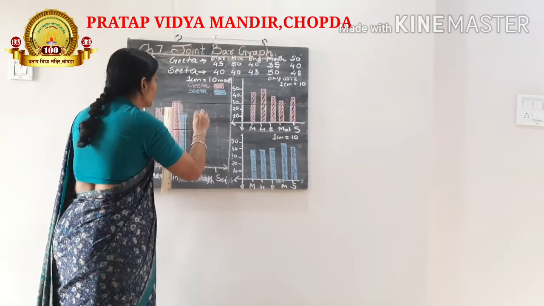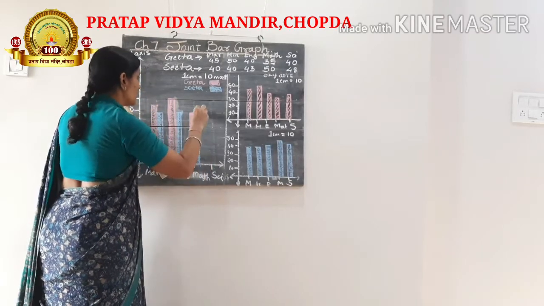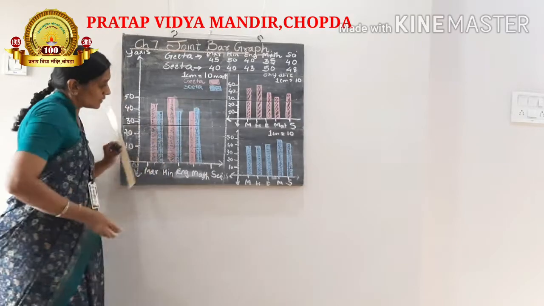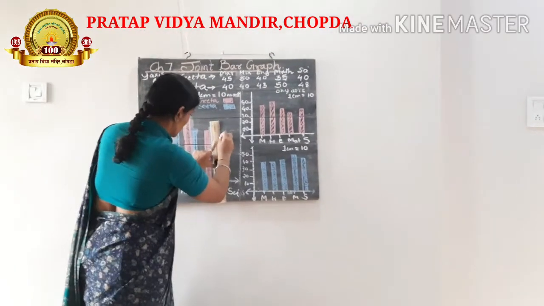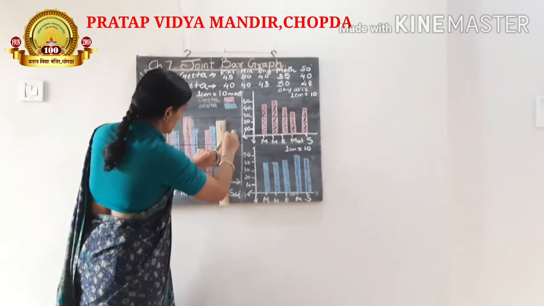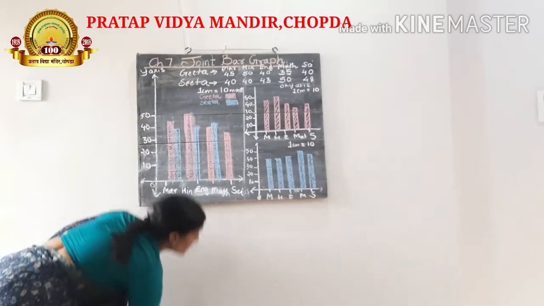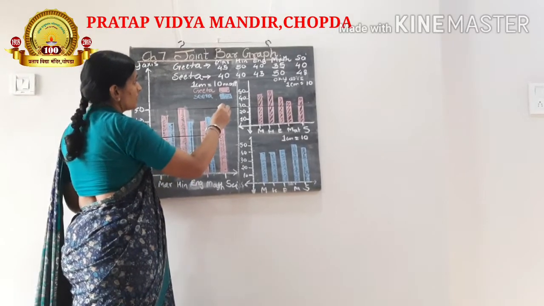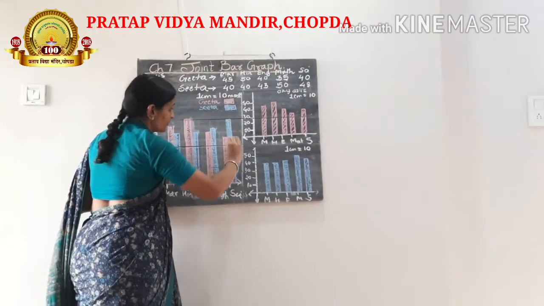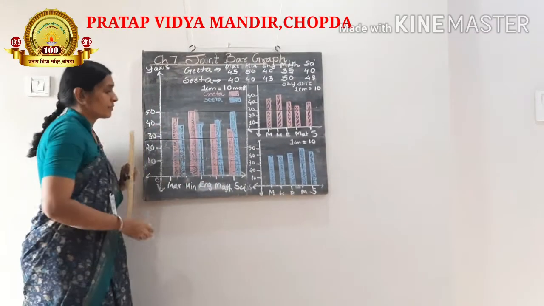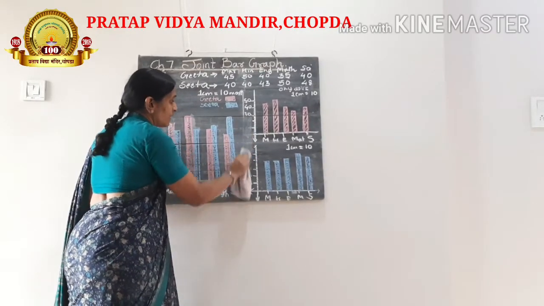Sita has scored 43 marks in English. 35 marks in Maths and 50 marks in Maths. We can show the same thing for Science.